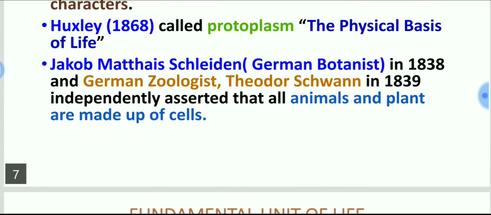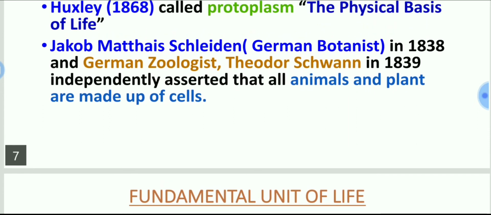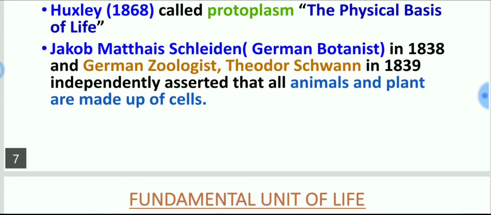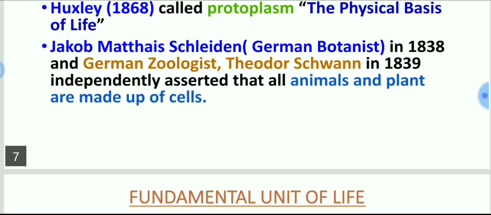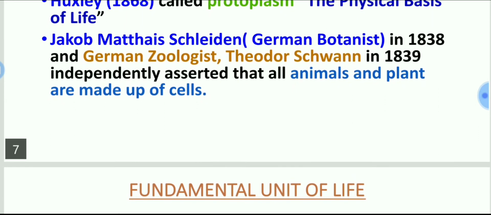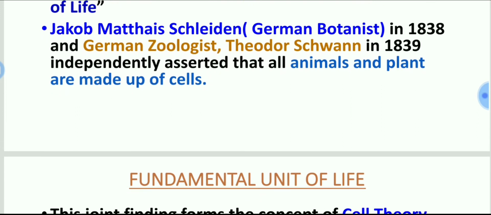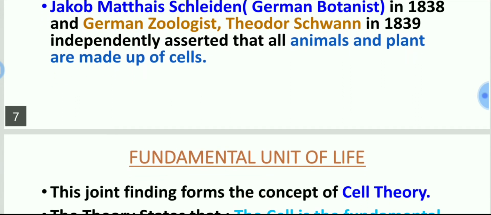Now Matthias Jacob Schleiden, a German botanist, in 1838, and the German zoologist Theodor Schwann in 1839 independently asserted that all animals and plants are made up of cells. This is the cell theory.